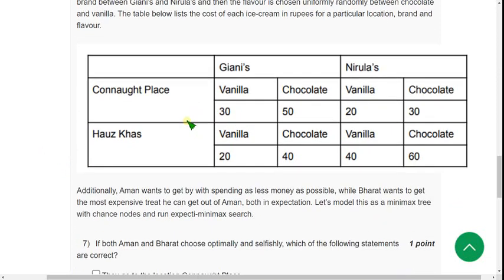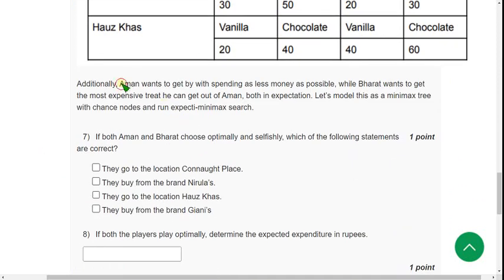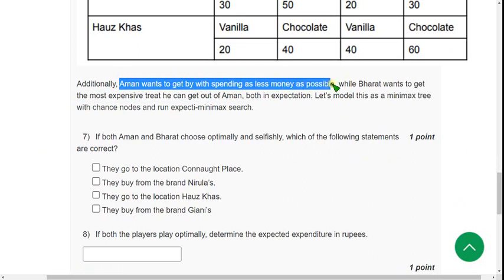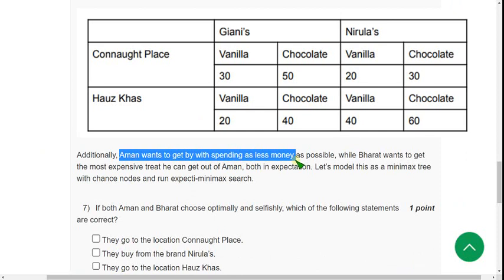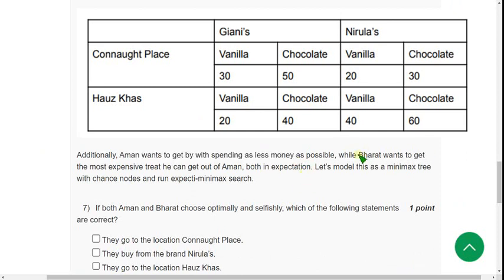Additionally, Aman wants to get by spending as little money as possible, because he is actually giving the treat, right? But Bharat is the one who gets the treat, so he wants to make Aman spend the maximum amount, so he wants to buy a costly item.